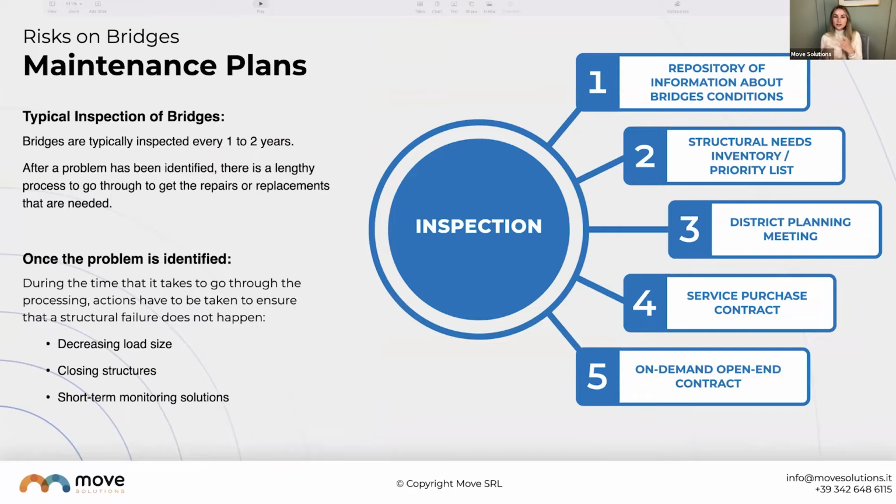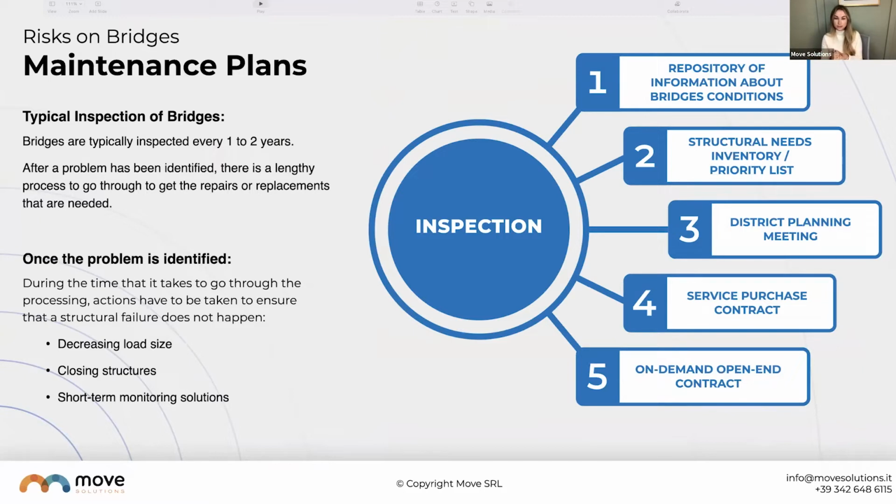So talking about the maintenance plan, I really scoured the internet and looked at different maintenance plans from all over the United States, and I found many, many things in common. So this is just a very cut down version of what typically happens with bridges.